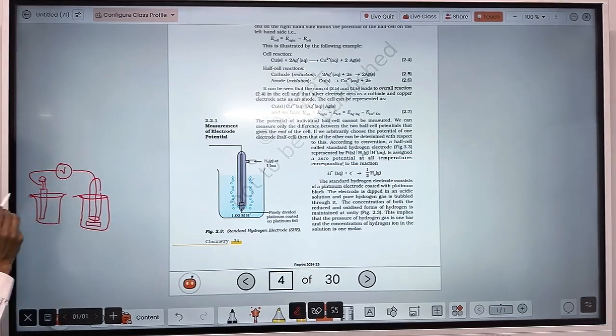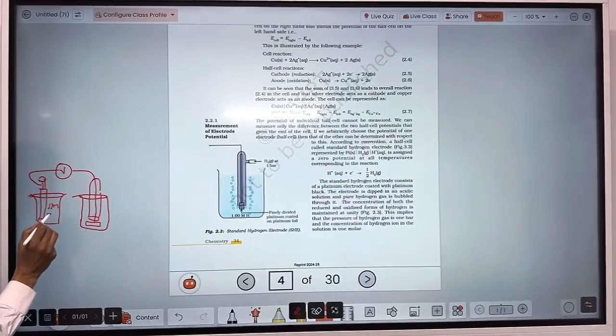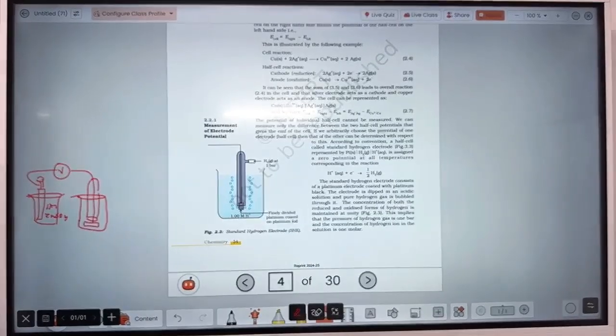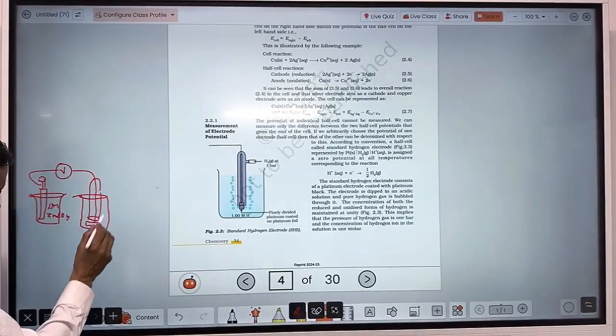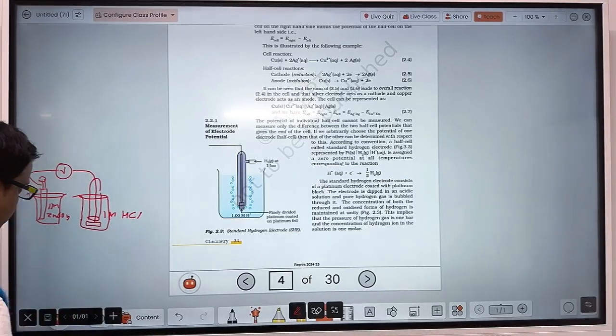In this vessel, we take 1 molar ZnSO4 solution, that means the molarity of ZnSO4 is 1 molar. In the hydrogen electrode, we have taken 1 molar HCl solution.